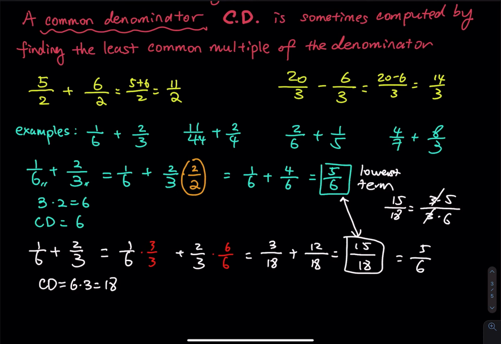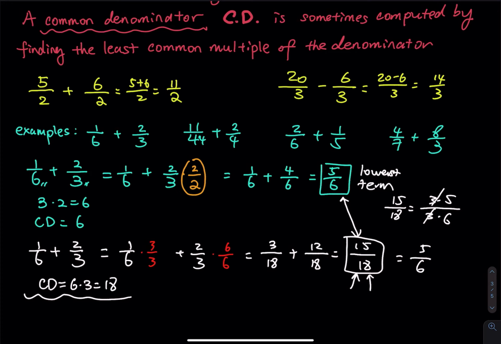Oh, what is the benefit of doing this? The benefit of doing this is you don't have to think too much. You can just multiply the two denominators, get a common denominator, and then you move on. But the bad news is if the numbers are large, you might end up with large numbers on top and bottom when you get to your answer, which is not in the lowest term, like the 15 over 18.